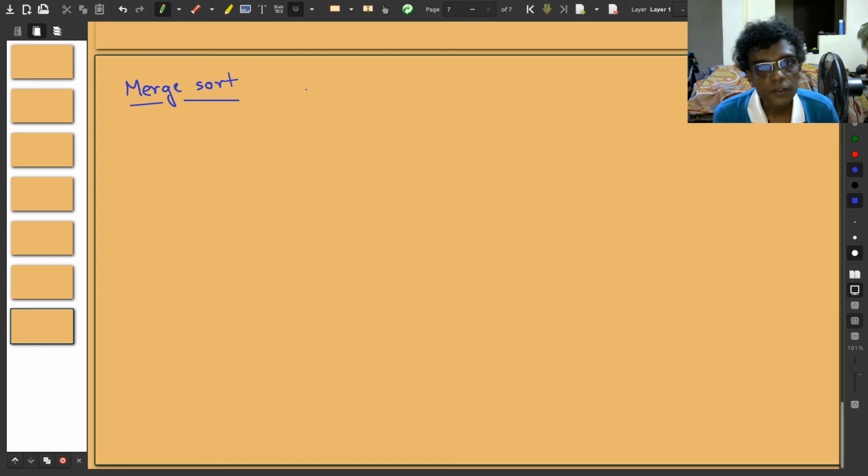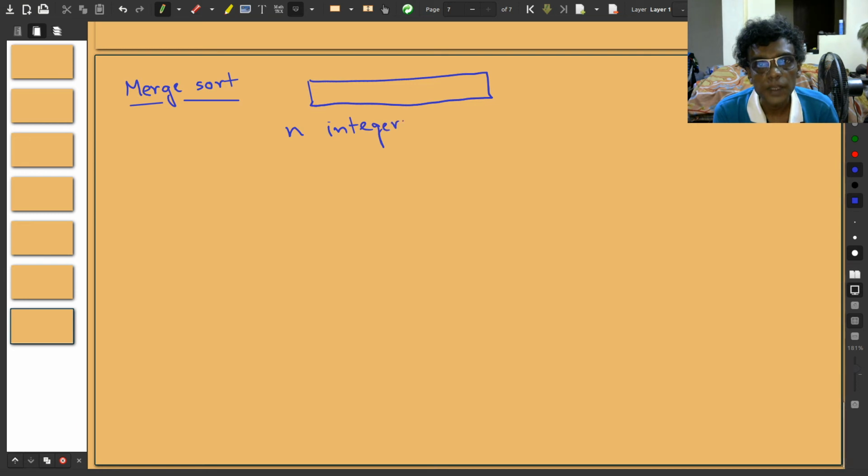So let me just quickly recollect. You want to sort an array of n integers, maybe integers, doesn't matter, integers or floating point numbers or something, but sorting makes sense.